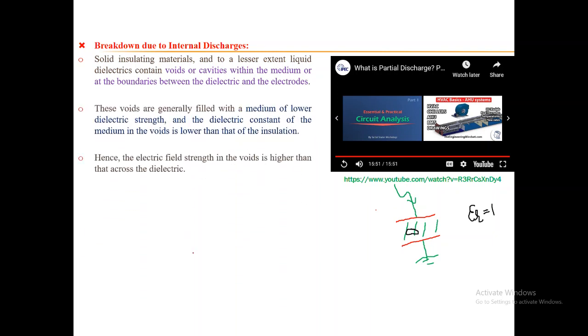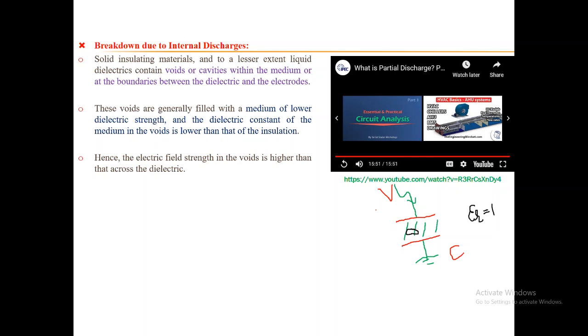So the electric field strength in the void is higher than across the dielectric. Under this situation, when we are giving the voltage, the electric field is intensively increased at the void side compared to the field intensity that one can observe in a healthy portion of a dielectric material.